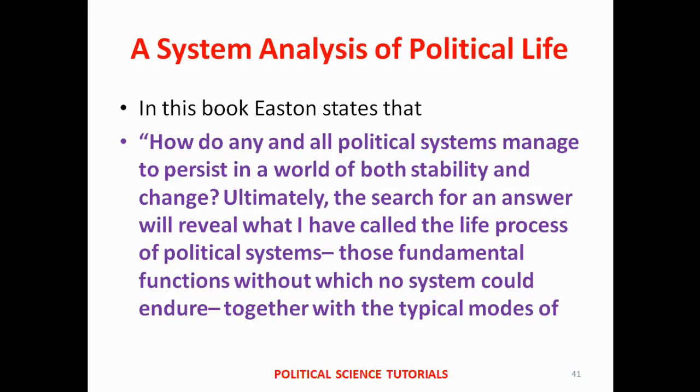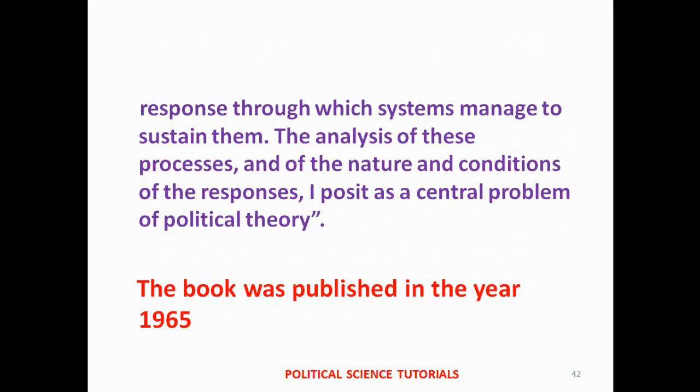Those fundamental functions without which no system could endure, together with the typical modes of response through which systems manage to sustain them. The analysis of these processes and of the nature and conditions of the responses I posit as a central problem of political theory.